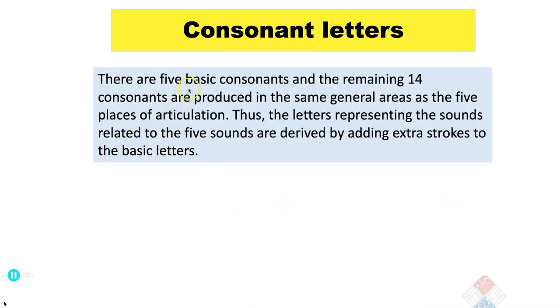So as I said, there are five basic consonants, and the remaining 14 consonants are produced in the same general areas as the five places of articulation. Thus letters representing sounds related to the five basic sounds are derived by adding an extra stroke to the basic letters. So this is a basic letter.